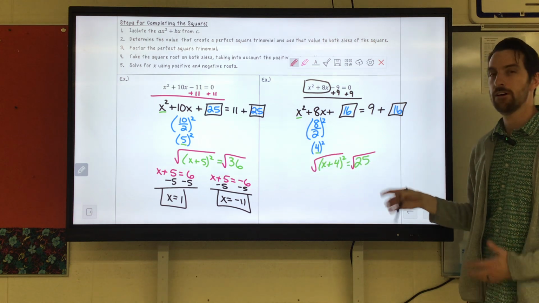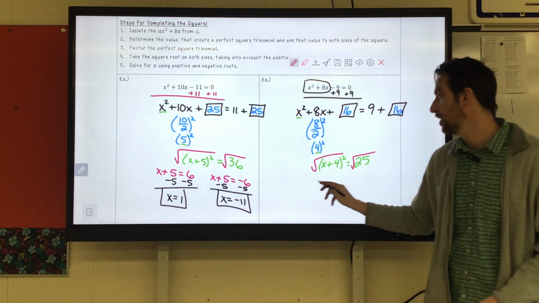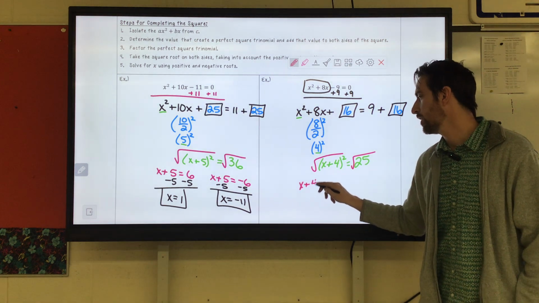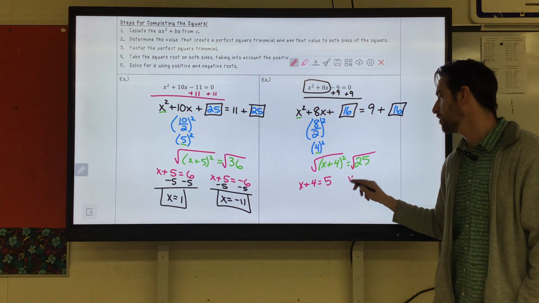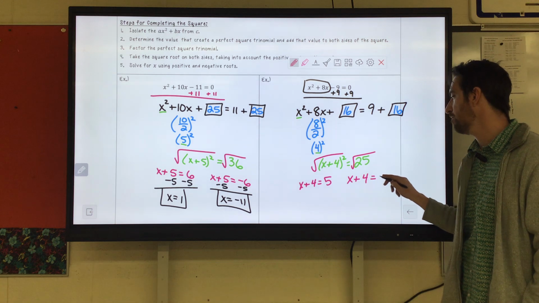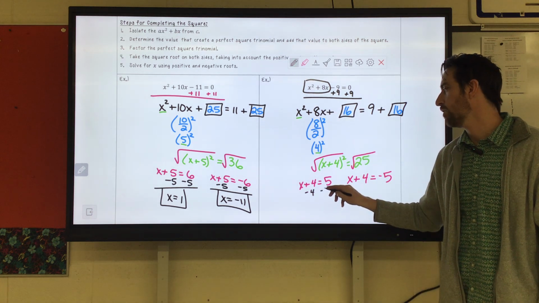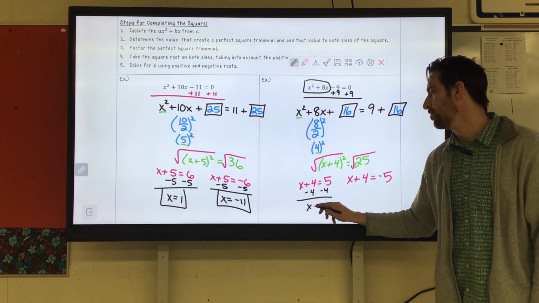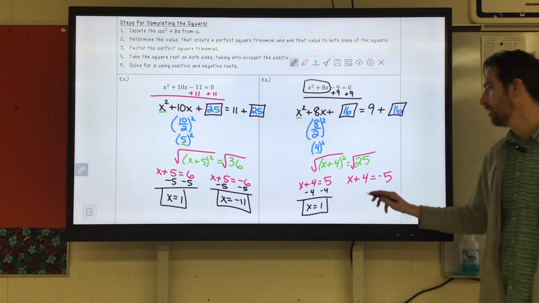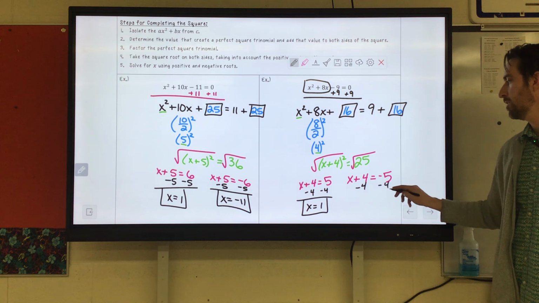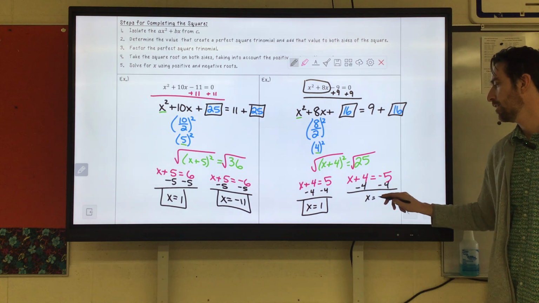The square root of 25 could be 5 or negative 5. X plus 4 equals 5, and x plus 4 equals negative 5. And now we just get rid of the plus 4 by subtracting 4 from both sides. 5 minus 4 is 1. Negative 5 minus 4 is negative 9.